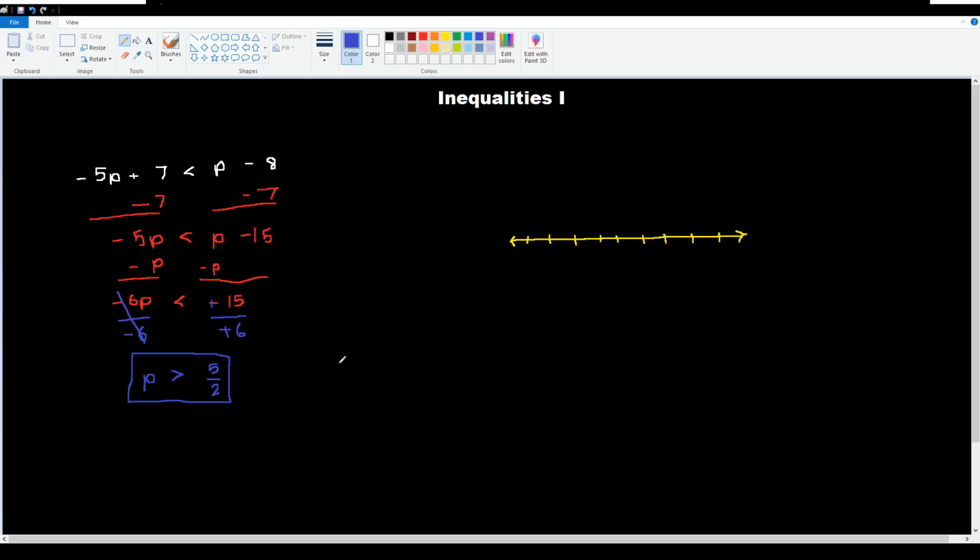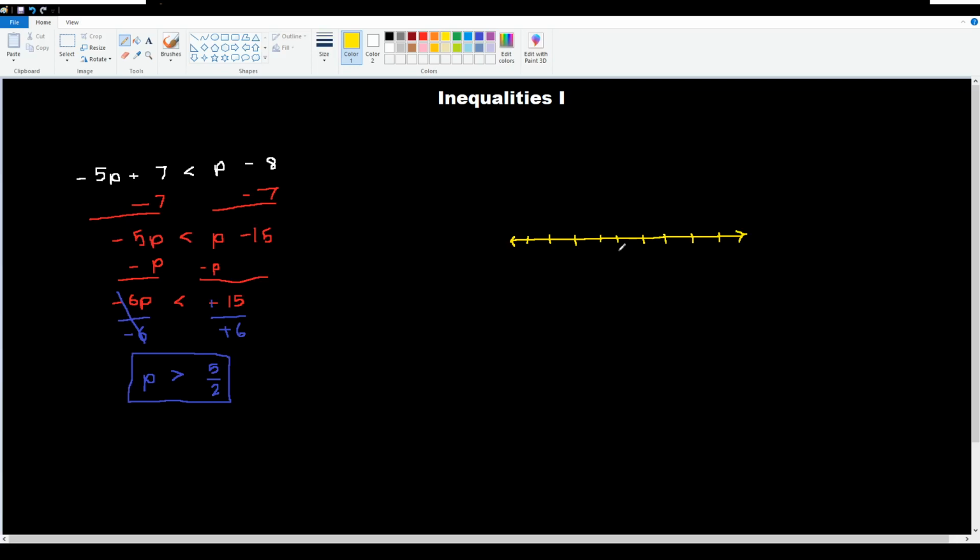Okay. So we have our nice yellow number line over here, and we're gonna label some numbers on it given the range of our solutions. So we see that p has to be greater than 5/2. If p is 5/2, or if p is less than 5/2, that's not gonna work out. It's gonna result in an untrue statement, right?